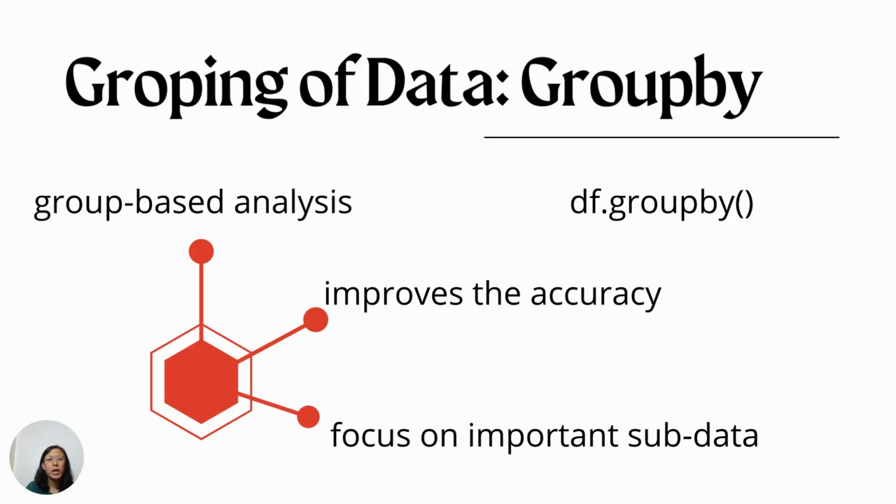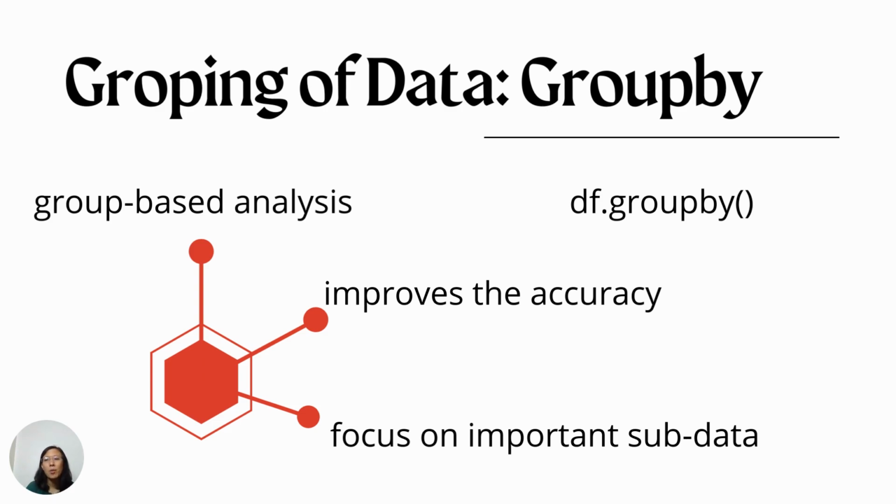In Python, we can use a group by to extract the information for each group. This group by gives you a handy tool to do the grouping analysis, and it will improve your accuracy on understanding the data. It can also focus on the important subdata.